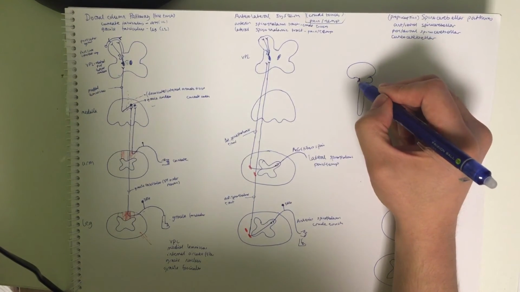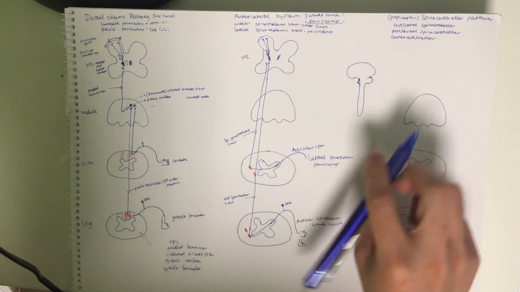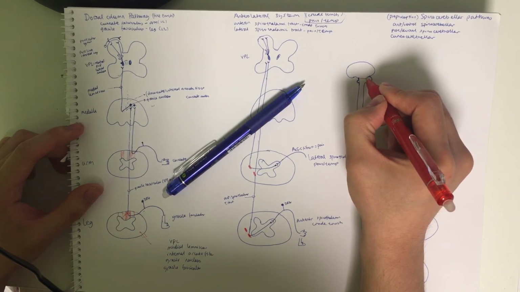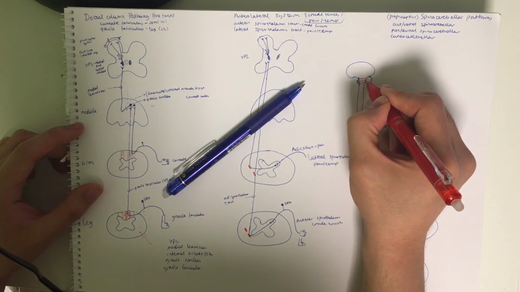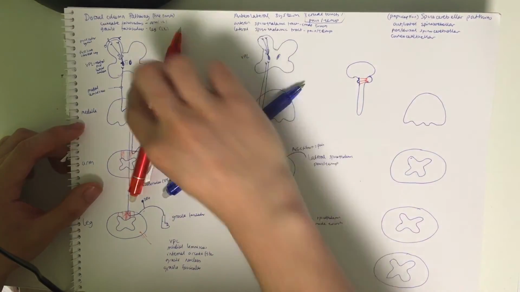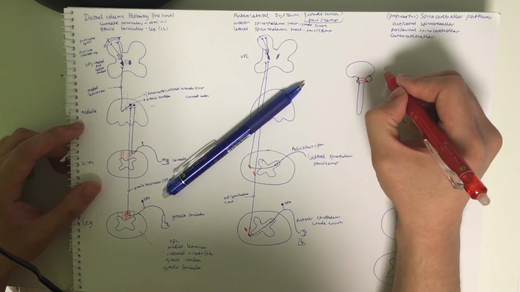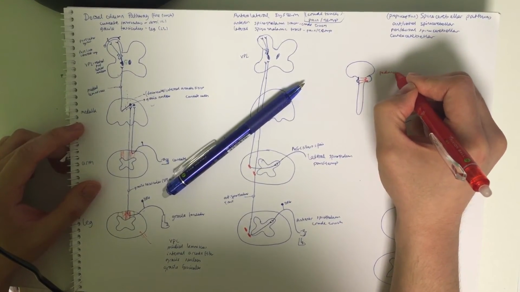These three structures are related to the cerebellum because they send fibers. The midbrain sends fibers to the cerebellum, the pons sends fibers, and the medulla sends fibers. This red thing that I've just drawn is the fibers that go, and they form a structure called the peduncles.